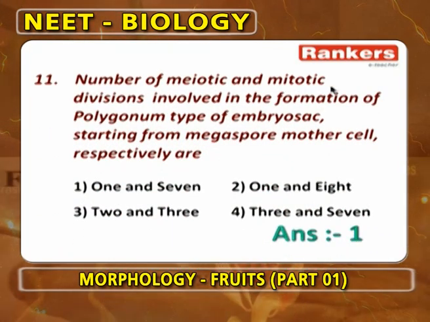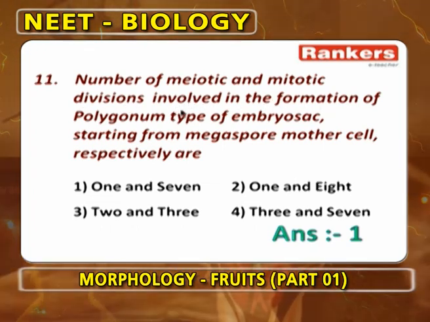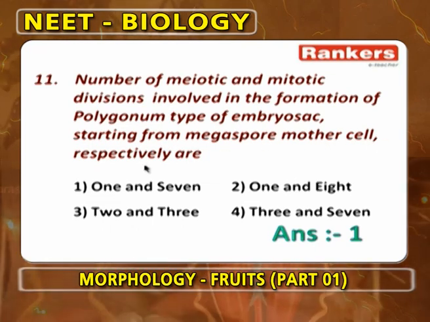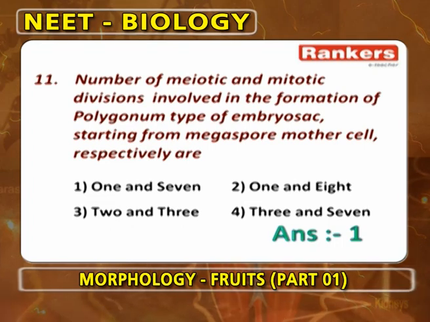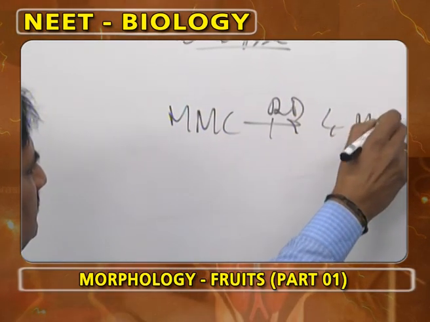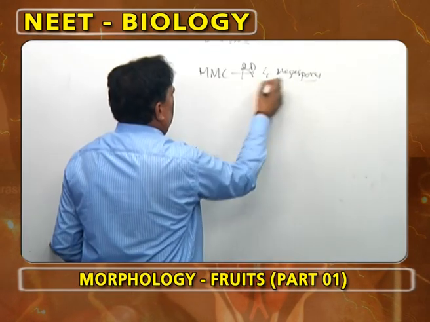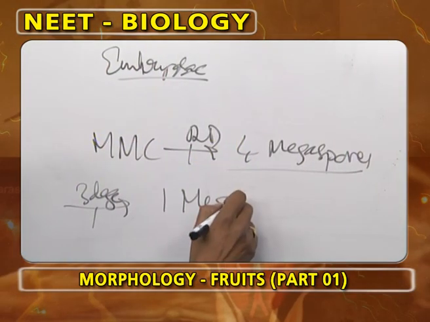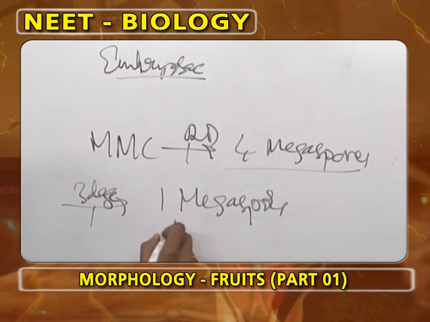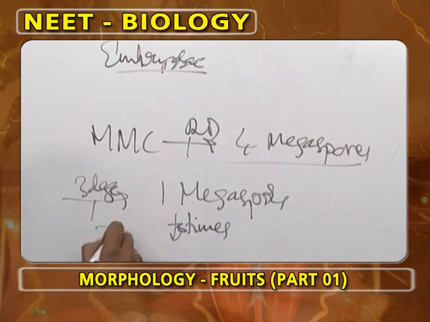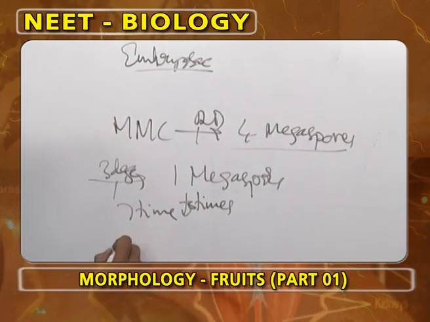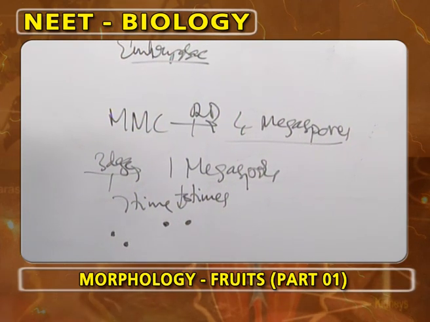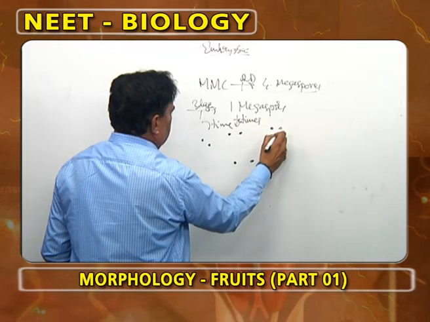Number of meiotic and mitotic divisions involved in the formation of polygonum type of embryo sac starting from megaspore mother cell, respectively. The megaspore mother cell by one reduction division produces 4 megaspores. Of these 4 megaspores, 3 degenerate. 1 megaspore remains functional. This megaspore undergoes 3 rounds of mitosis, or 7 mitotic divisions. By first mitosis 2, by second mitosis 4, by third mitosis 8.